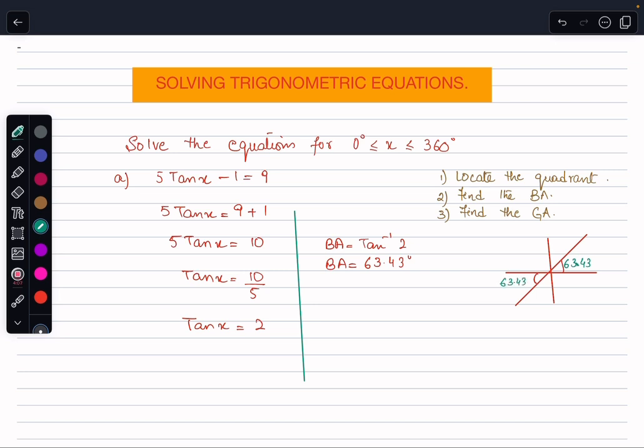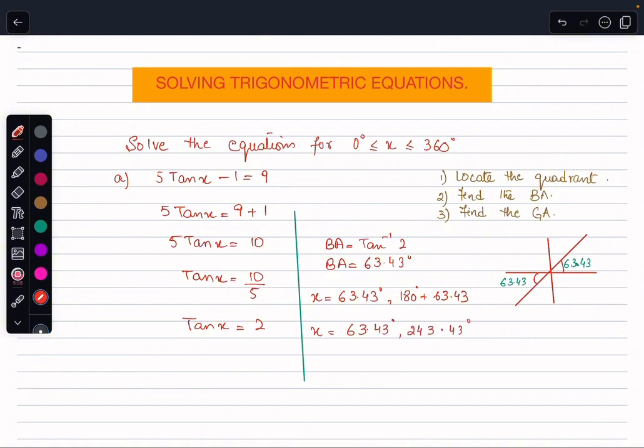And then to solve for the values of x, I need to have the general angles, that means the complete rotation. So in the first quadrant, obviously it has to be the same, 63.43. And then in the third quadrant, it should be 180 degrees plus 63.43.